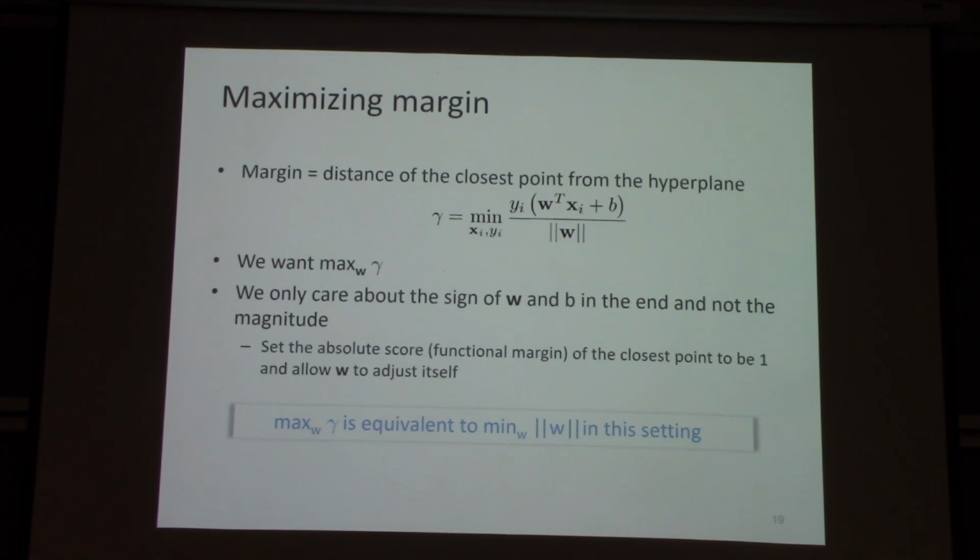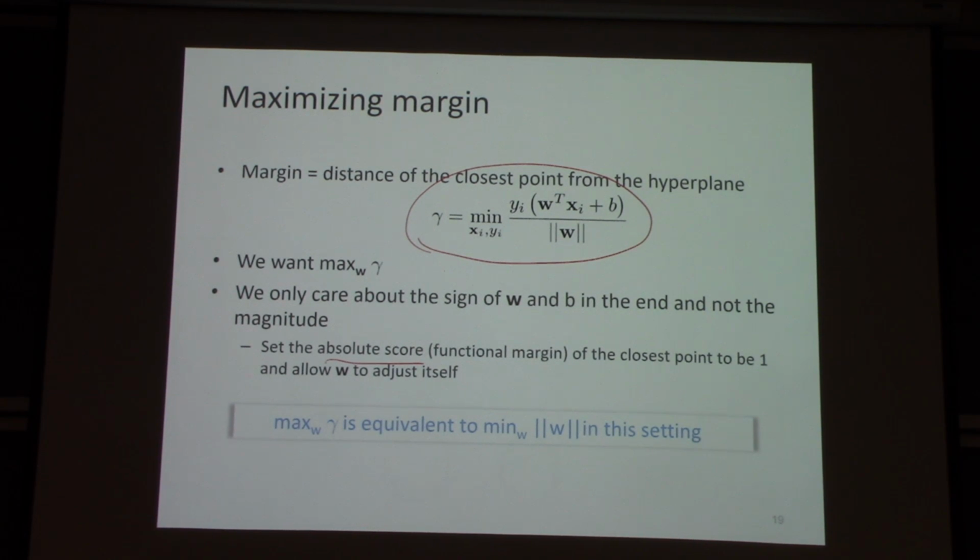So what does this mean? You want to maximize this quantity. But instead of maximizing that quantity, what you will do is set the score. I prefer using the absolute score rather than functional margin, so I'll end up saying score. Set the score of the closest example to be 1.